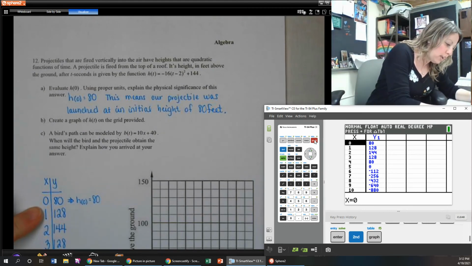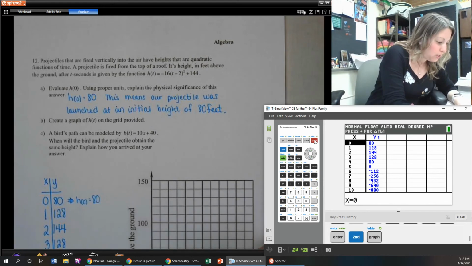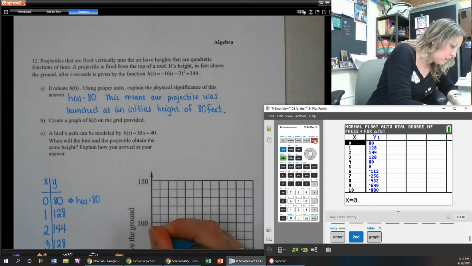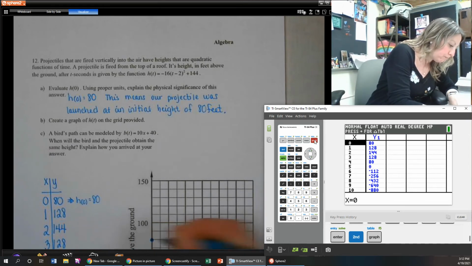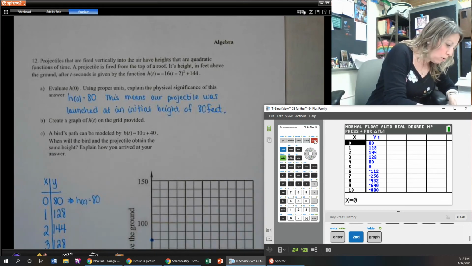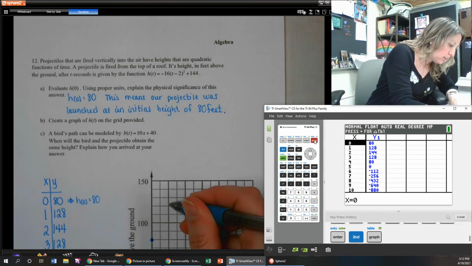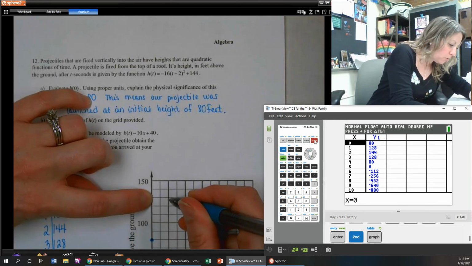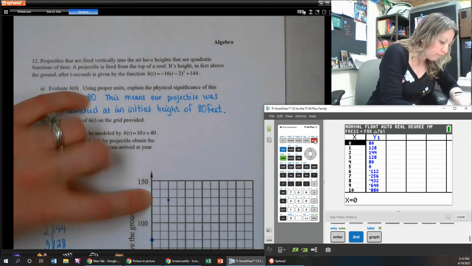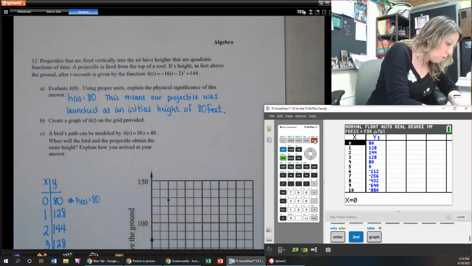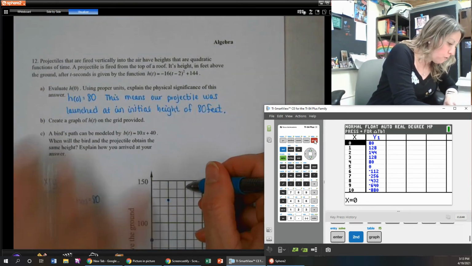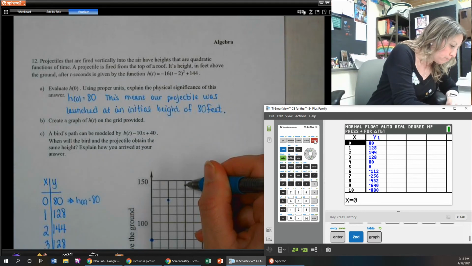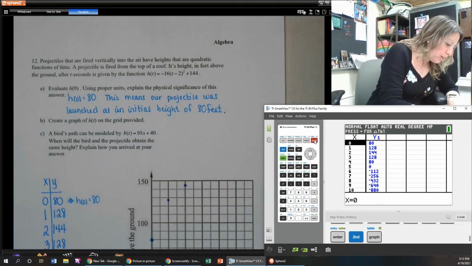So 0, 80, let's see. So this is 50, 60, 70, 80, 90, 100. So we know our scale is by tens. So there's 0, 80. 128. So this is 120. This is 130. So a little bit closer to 130. 2, 144. So this is 140, almost halfway up. 3, 128.